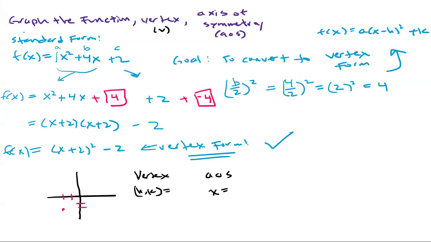And then we have a +1, so that means we're going to have a happy parabola, okay? So I write down our HK, which is -2, -2, and then our axis of symmetry is just the H value, right? Which is x equals -2.